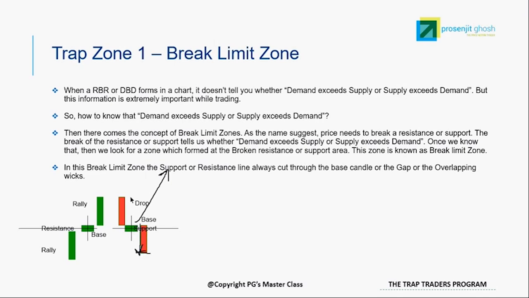Because of this, a zone gets created where supply exceeds demand. There are a lot of sell orders, because this momentum candle can only be created if there are more sell orders than buy orders. Why? Because there is an established support line.